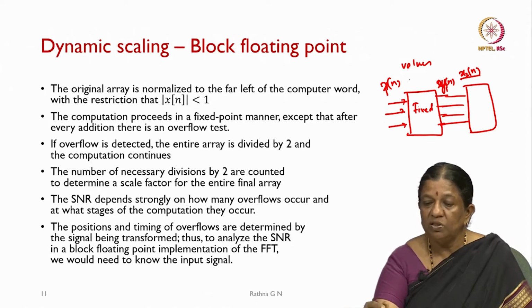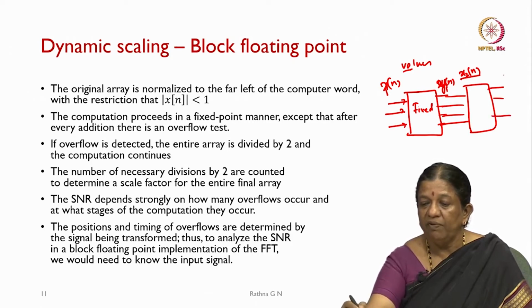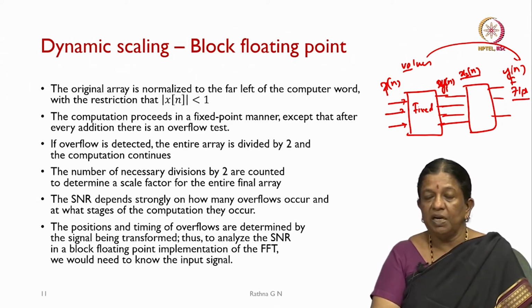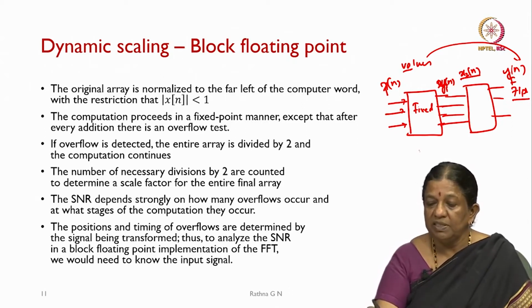If not, then we will keep these values till the end, and when I come out of the final stage, I will multiply with these values and bring it back into a floating point value.